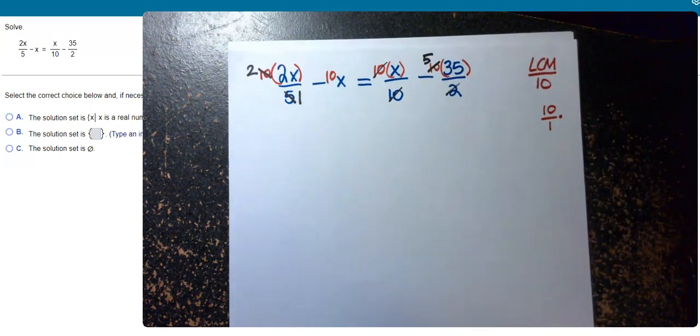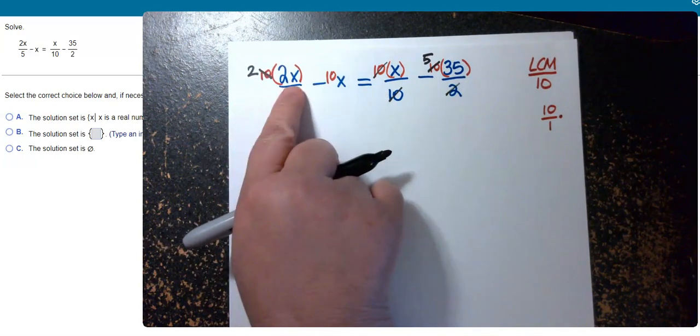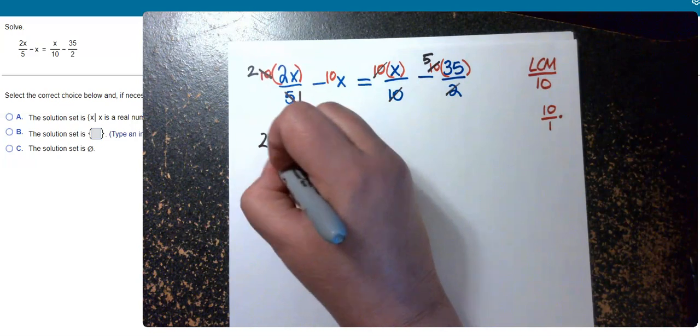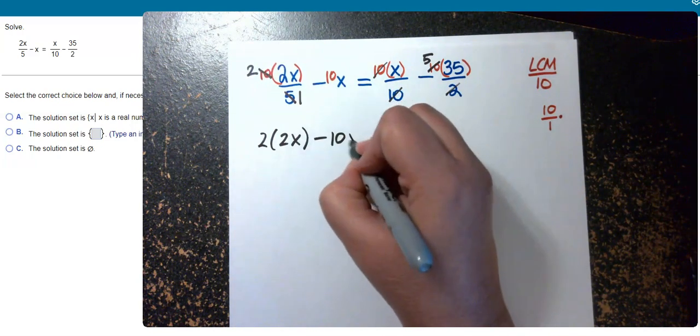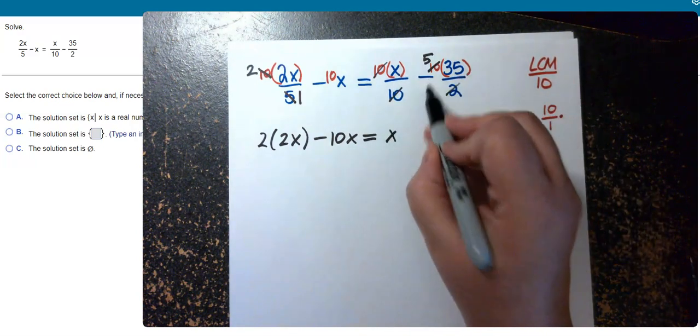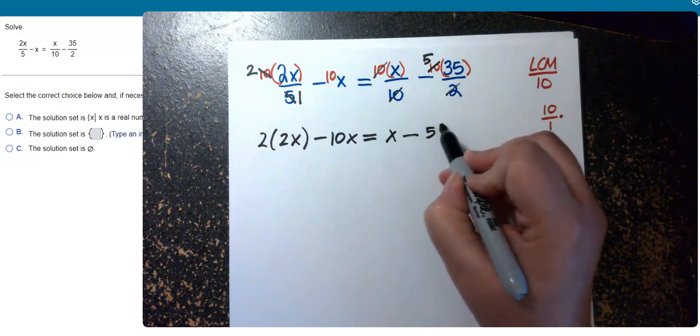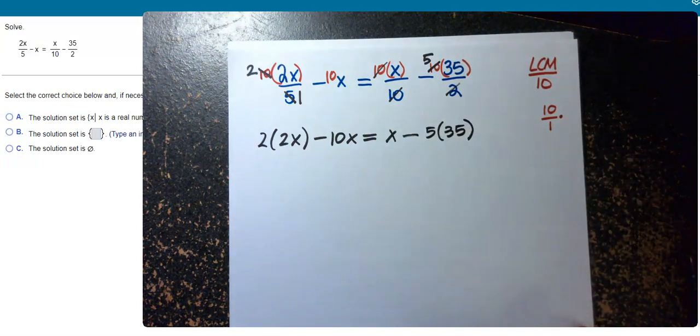So now you've got to be very careful to look at what is left. So this is 2 times 2x minus 10 times x equals just plain x minus 5 times 35. And now I have a fraction-free equation.